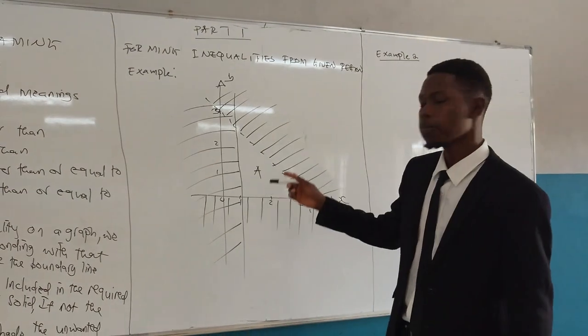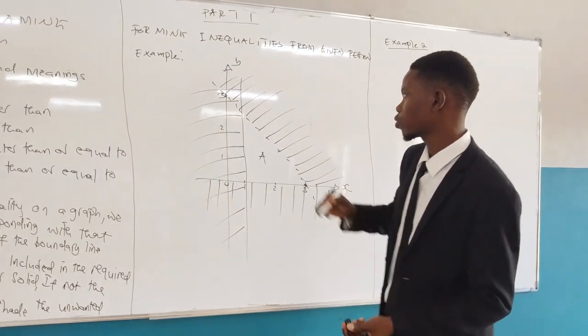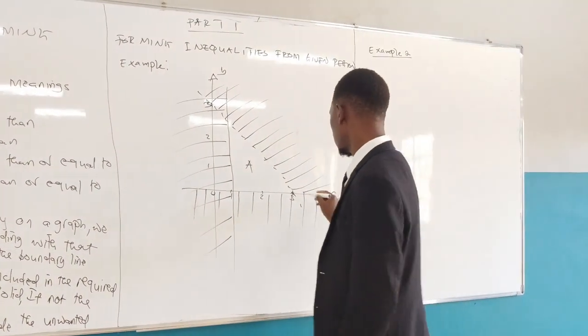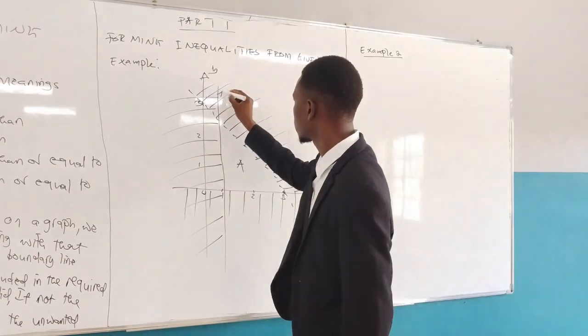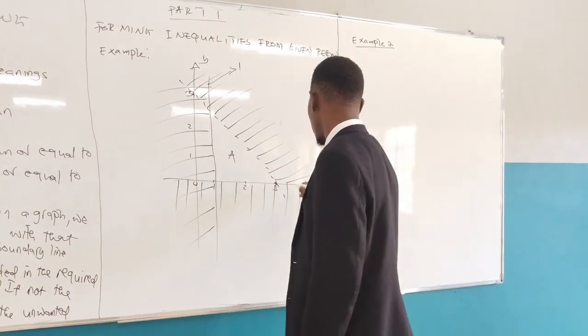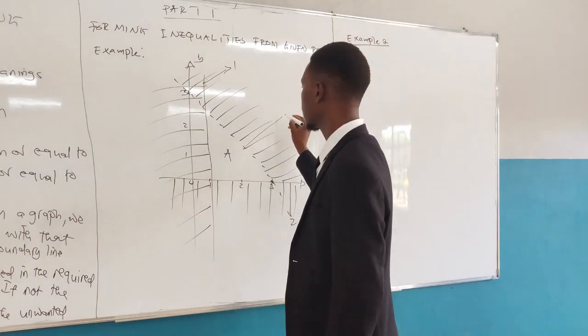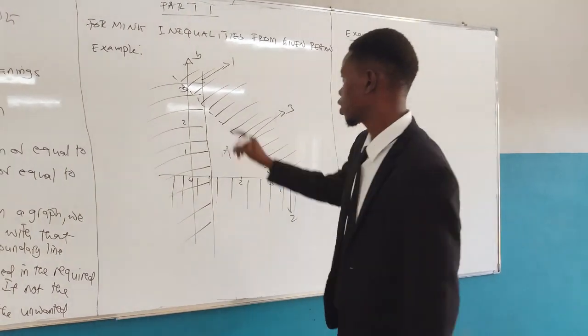So here, I'm going to label these lines. I'm going to label this one as 1, this one as 2, and this dotted line as 3. So let's start with 1.